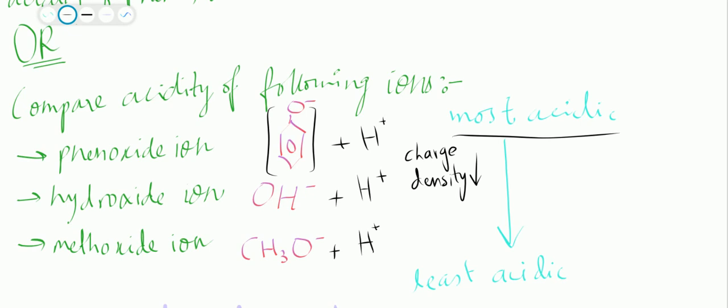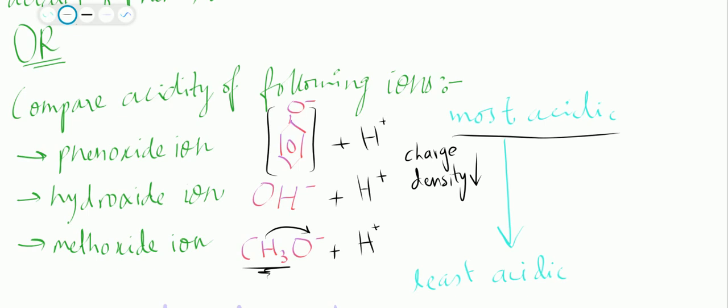And if we are to see the methoxide ion, this methyl group, which is an alkyl group attached, it has a positive inductive effect. Okay, so that means that this methyl over here is going to contribute to the charge of this negative on top of the oxygen.